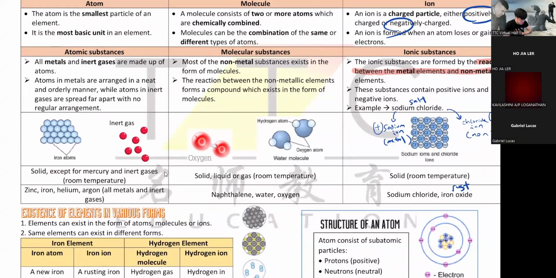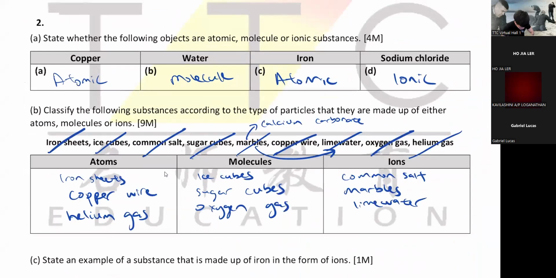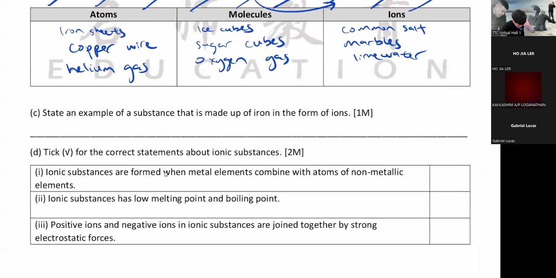All right, so next, moving on. C, state an example of a substance that is made of iron in the form of ions. So iron in the form of ion. Pure iron is pure metal, right? But they don't want iron atom. They want iron ion.